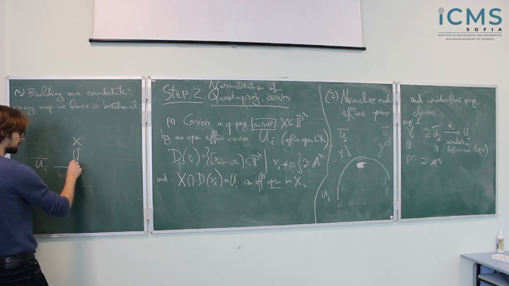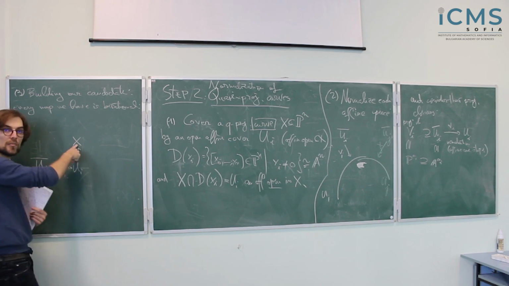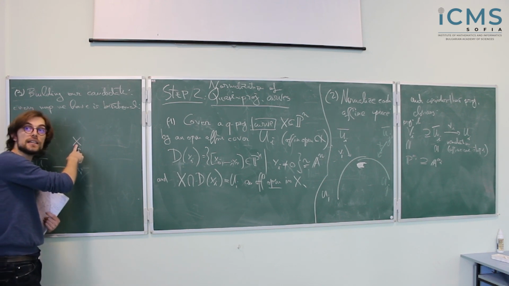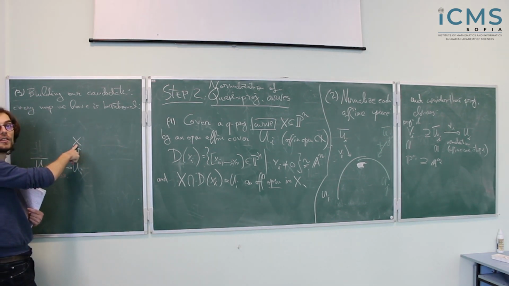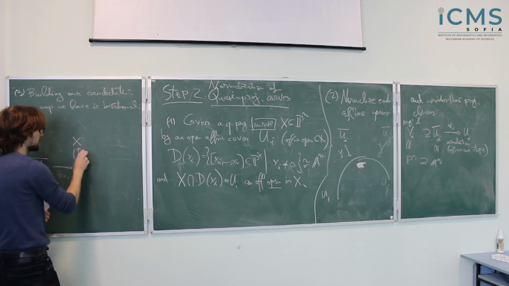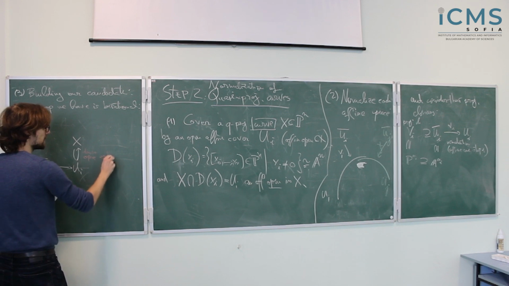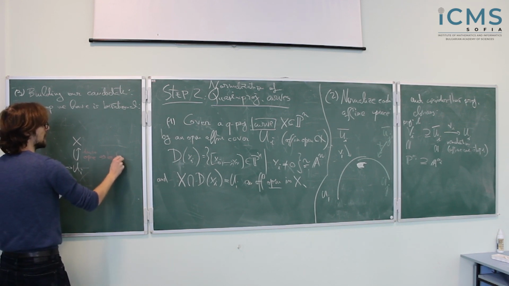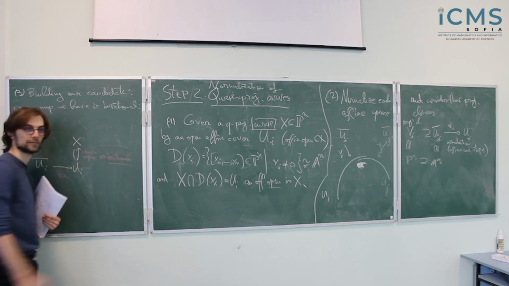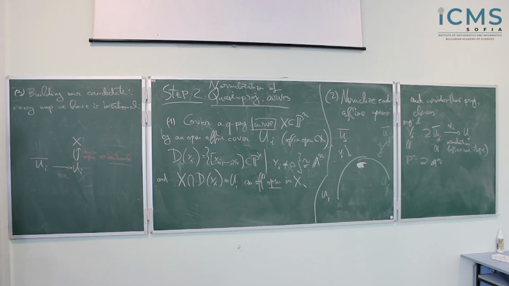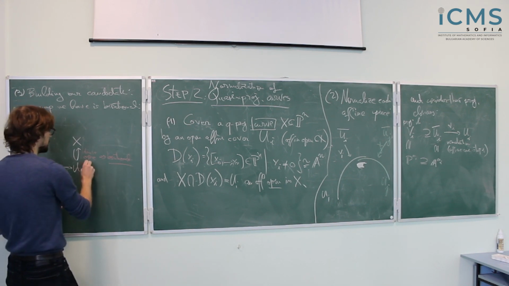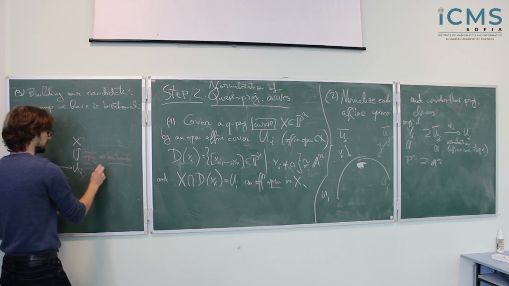Here we have a non-empty open subset of X. But remember that X was considered irreducible, and any non-empty open in an irreducible variety is dense. So this is a dense open, hence it is birational.